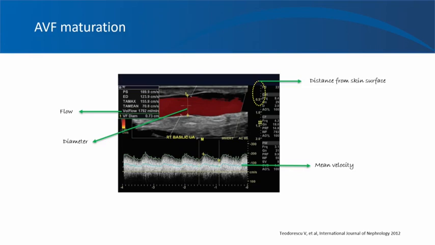That means it's less than 6 millimeters based on your rule of 6. So this is a good depth. And the diameter of the blood vessel here is 0.73 centimeters. That means it is more than 0.6 centimeters or more than 6 millimeters, which is a good diameter.